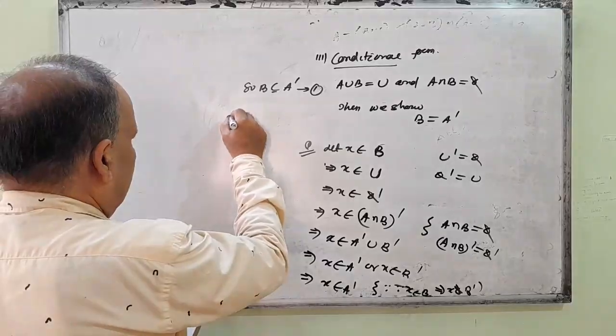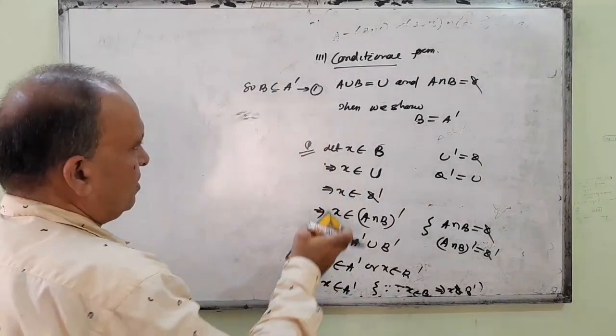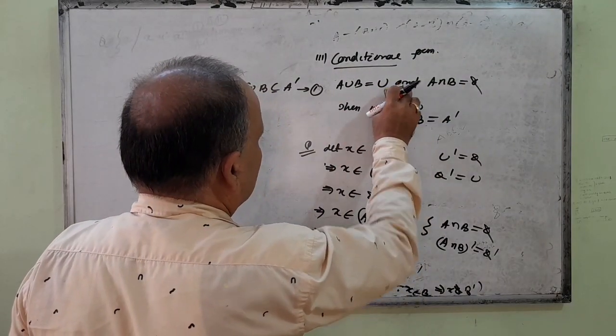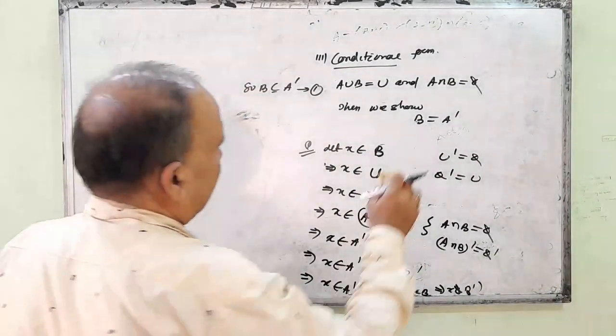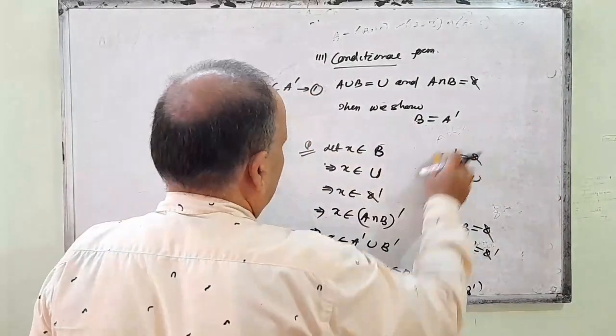Now the second part. Given A union B is equal to U and A intersection B is equal to phi, we have to show B is equal to A dash.